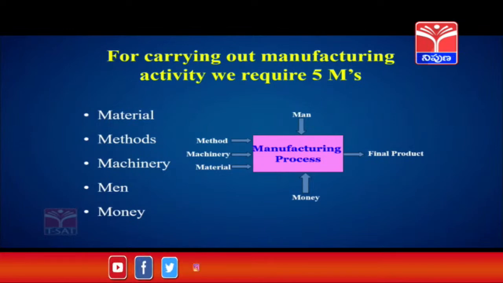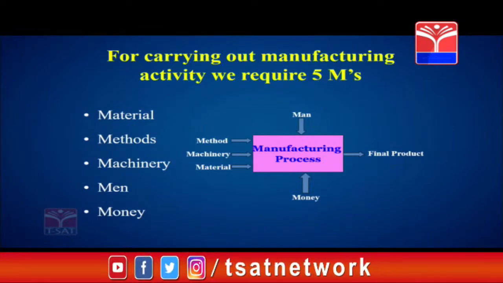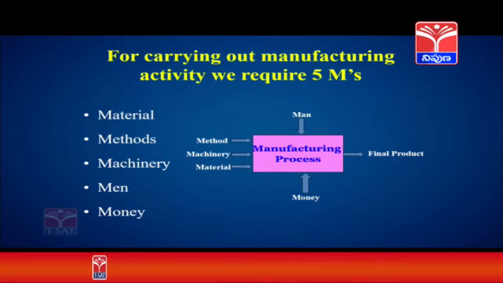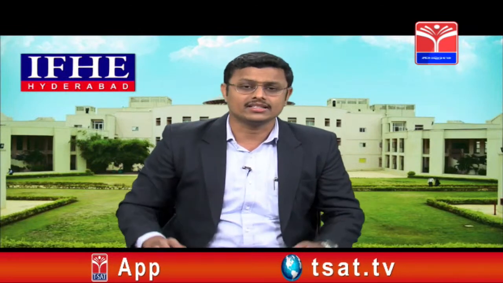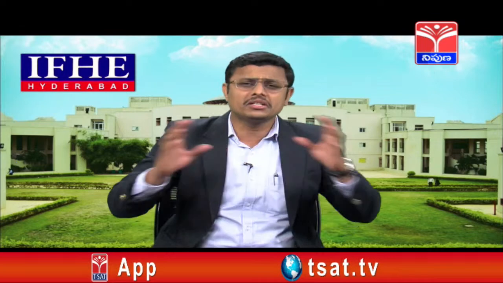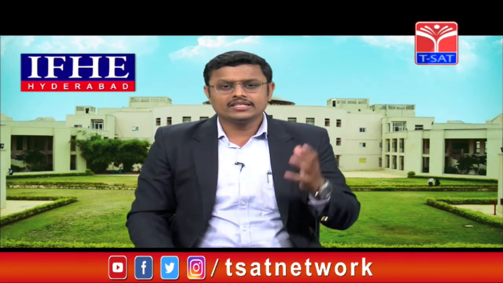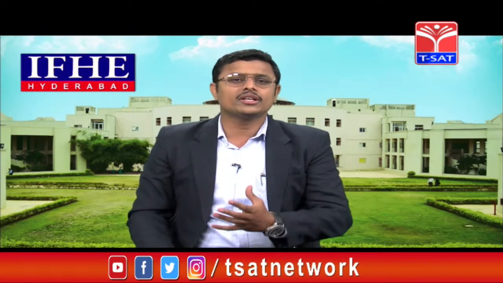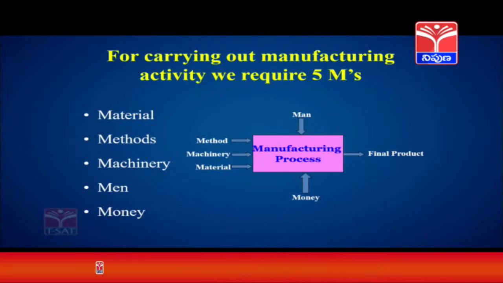As I said, if you want to start a small scale industry, my dear friends, it is very simple. You have to purchase 1 lathe and 1 HSS tool. You can do miracles. You can do multiple operations, a wide range of machining operations. So these 5 M's will give you the required product.